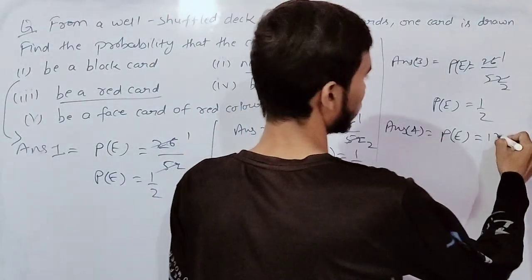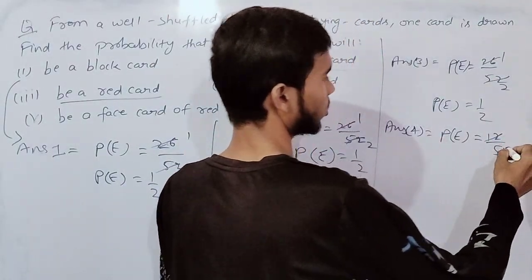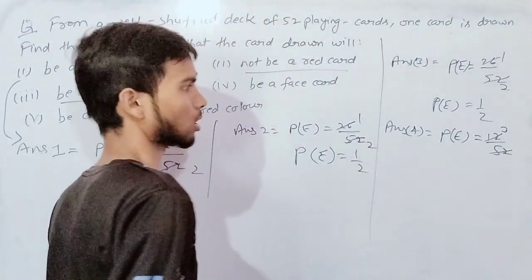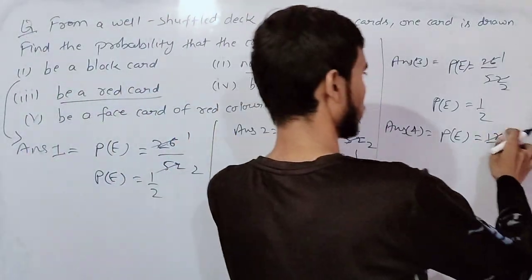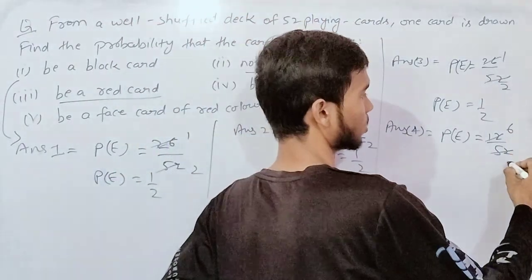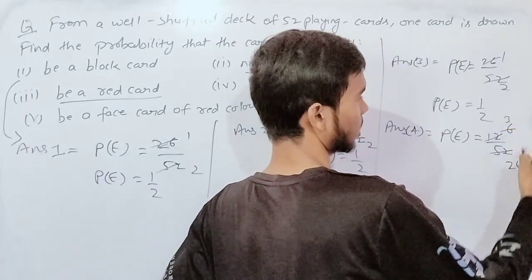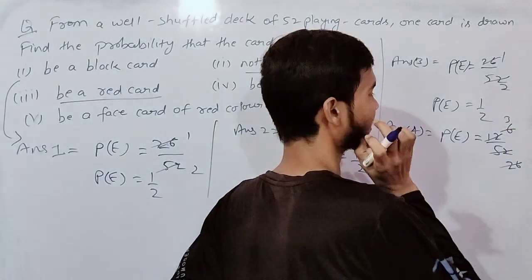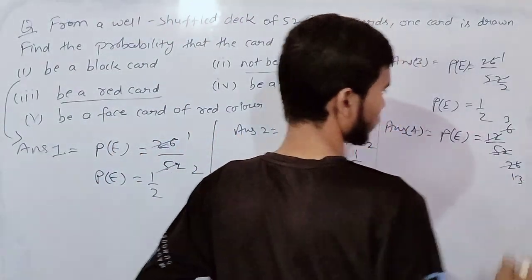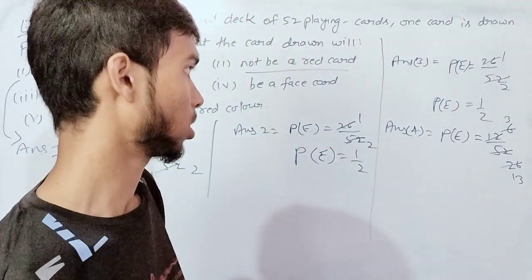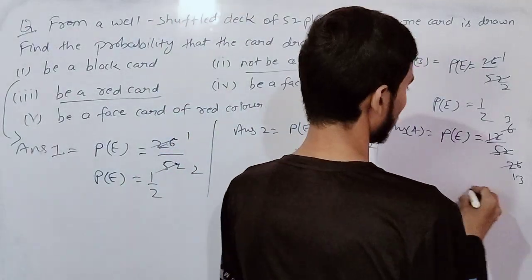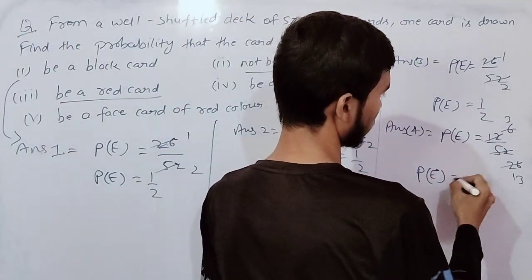So 12 upon 52. That simplifies to 3 upon 13.